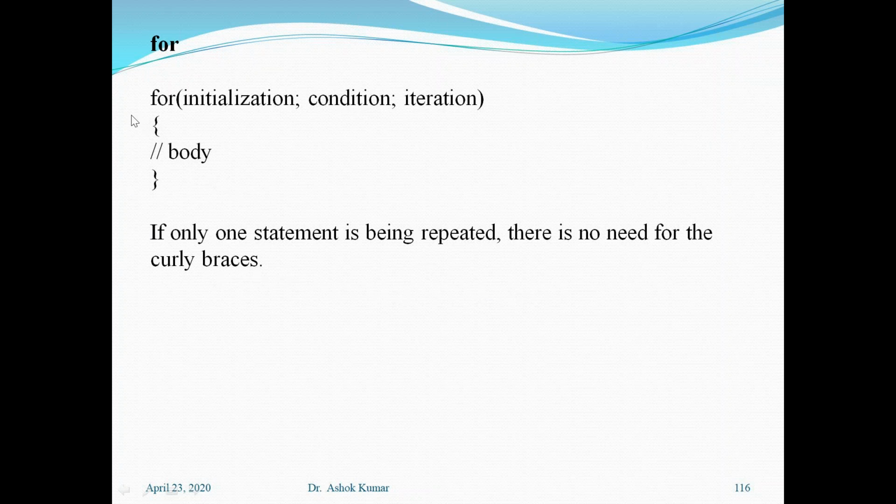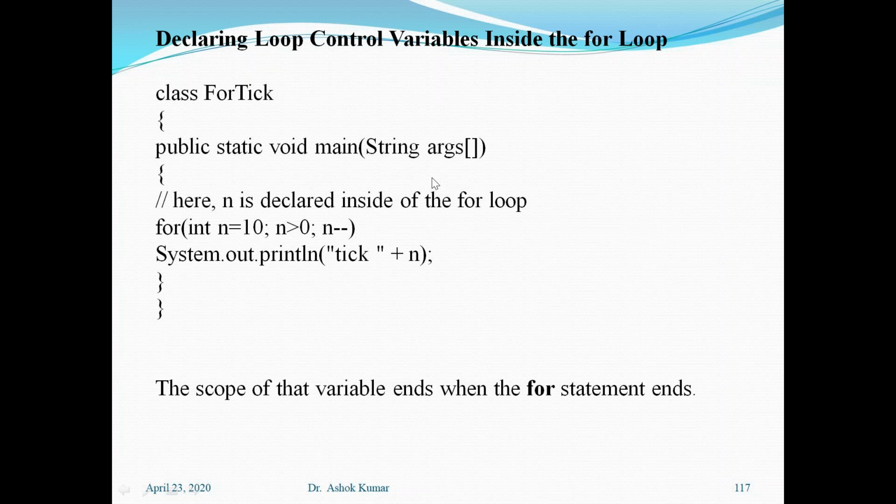Again, these braces, as we discussed with the while loop, are not mandatory. If there is only one statement, you can leave out these braces, and if there is more than one statement, you have to use the braces for the repetition of the statements. Here is the same program again to print numbers from 10 to 1.